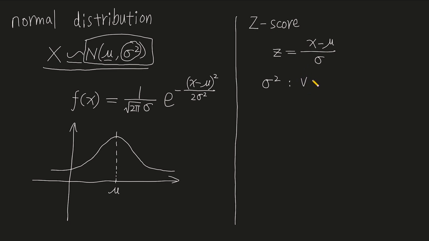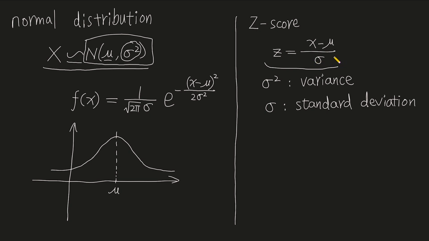And sigma alone is the standard deviation of the random variable that follows the normal distribution. From this formula, we can infer that z is the number of standard deviations that x is away from the mean.